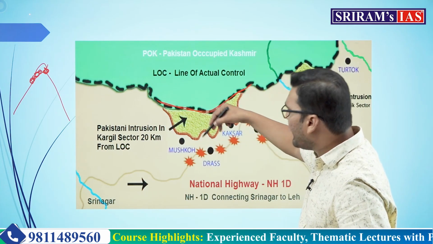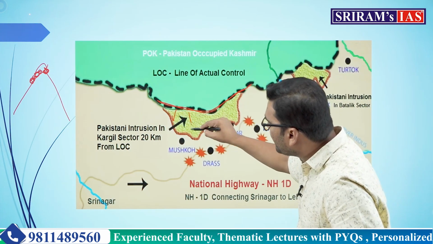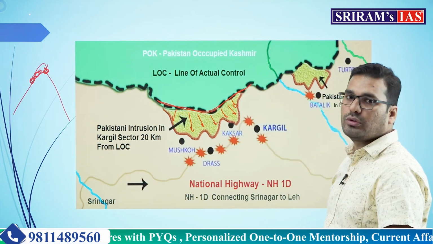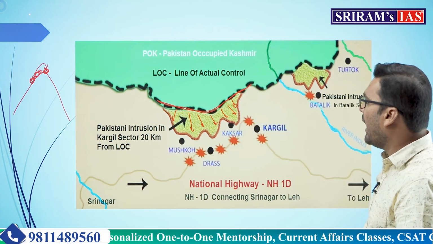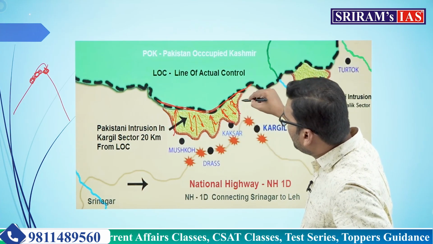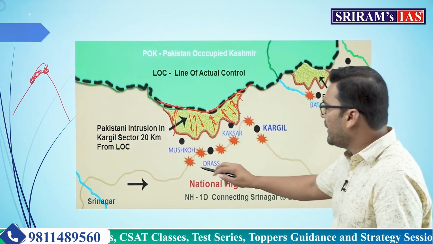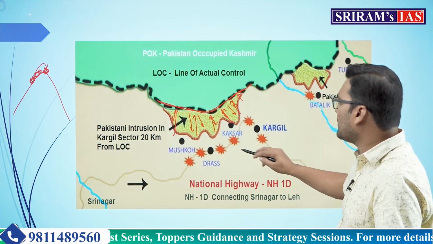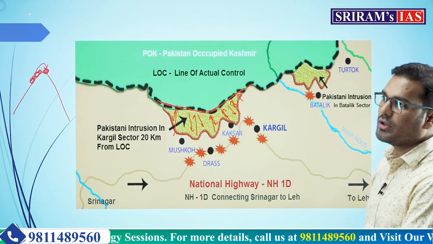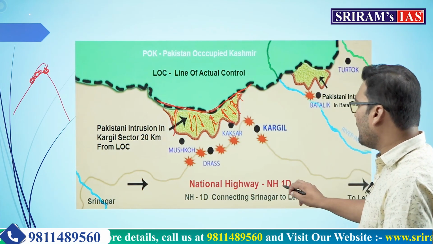Now actually this was the area of intrusion. In all these places they came down, in fact under the LOC, on the Indian side, and just to repel them we had to launch our military action. So all these places, be it Mushkoh, Dras, Kaksar, Kargil, were getting the news of intrusion at that time. And this is our national highway NH1D.